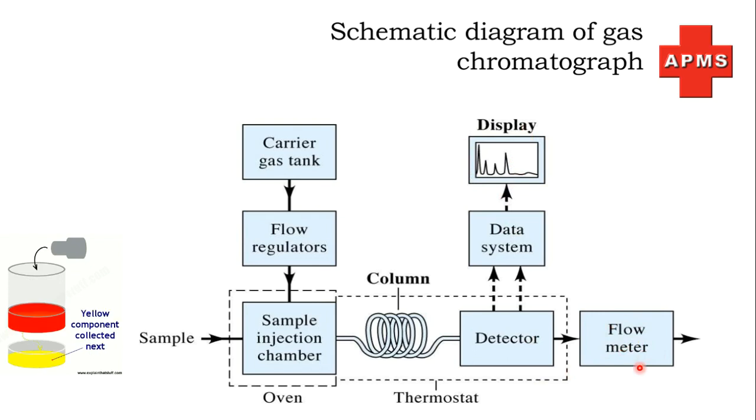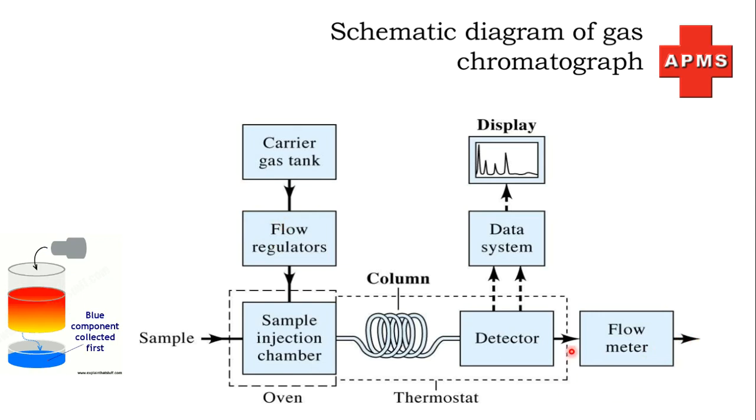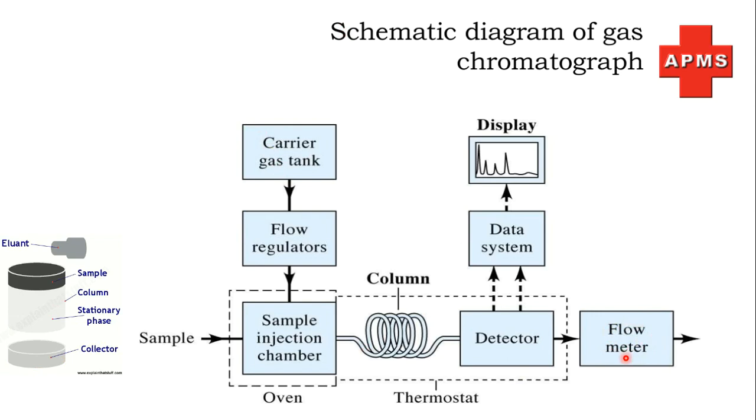And this is again the flow meter, where the carrier gas flows outside the instrument, or another type of assembly is present here, or it can go back to the flow regulator. So the carrier gas moves in a circular path. Here also we can see a flow meter.